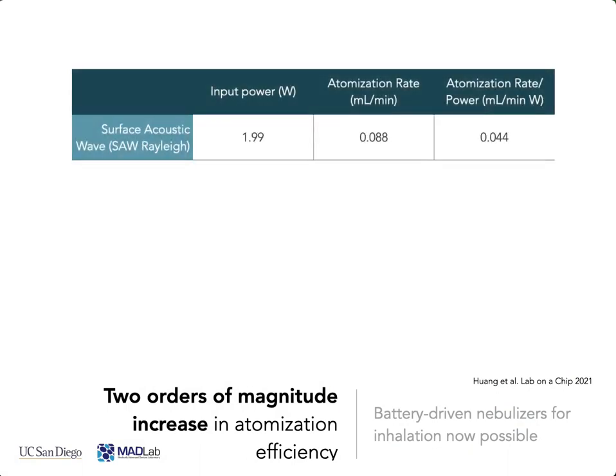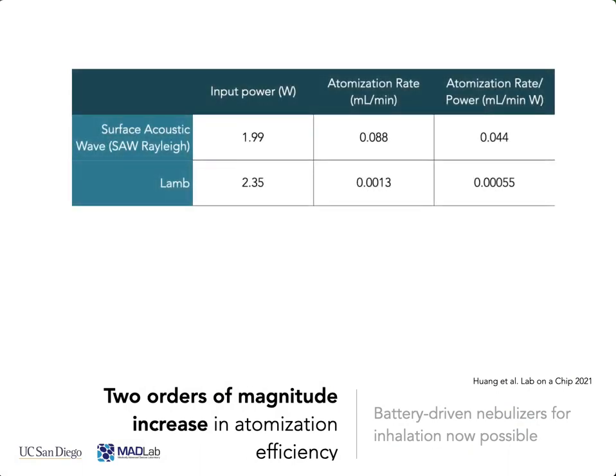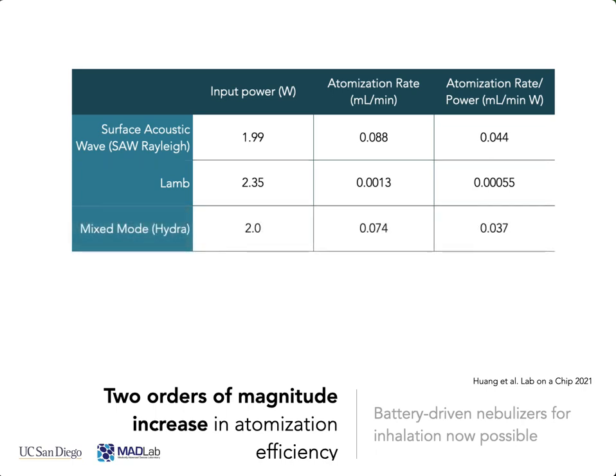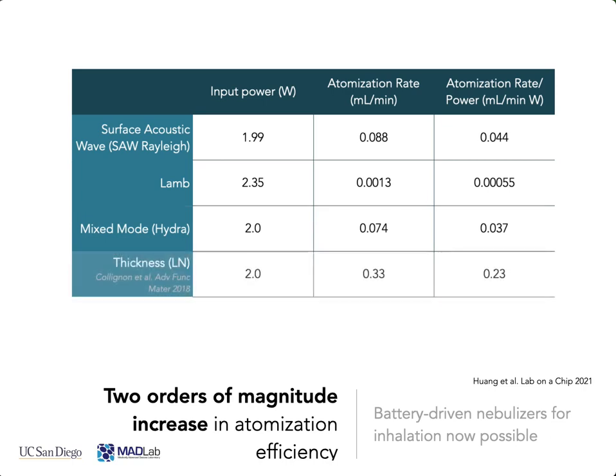So what we've seen is essentially a 2-order magnitude increase in atomization efficiency from going from a surface acoustic wave device as a classic approach to now using, say, a Lamb wave device, which turns out to be slightly less efficient than a surface acoustic wave device. And you could use a mixed mode type of device that turns out to be not nearly as efficient as a surface acoustic wave device.